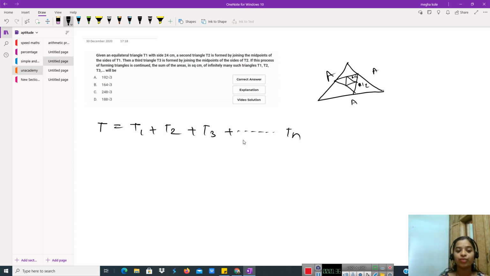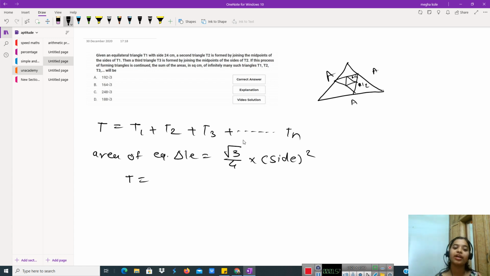Now we know the area of an equilateral triangle is square root of 3 upon 4 into side square. Let us use the side as a. So for T1, the area will be square root of 3 by 4 into a square. For T2, it will be square root of 3 by 4 into a square by 4.